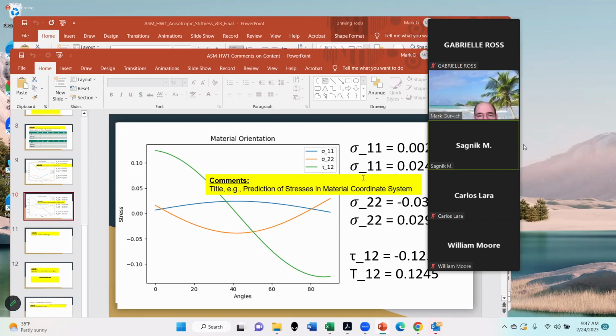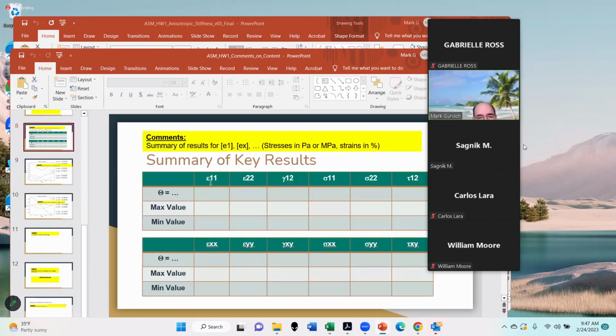So the three graphs you would need: this one is stresses in the material orientation, this one is strains in the material orientation, and this would be strains in the arbitrary orientation, as given.